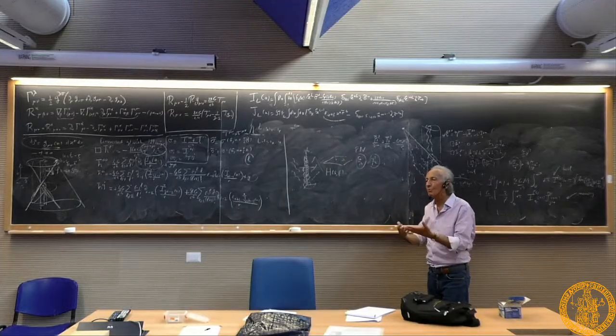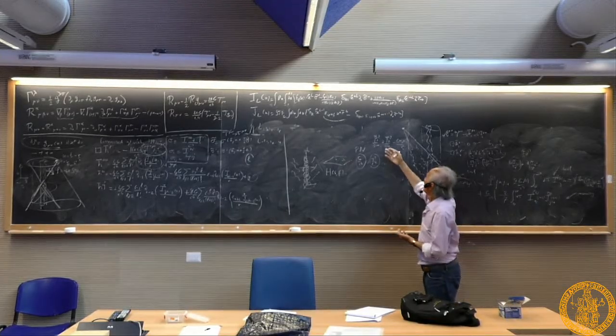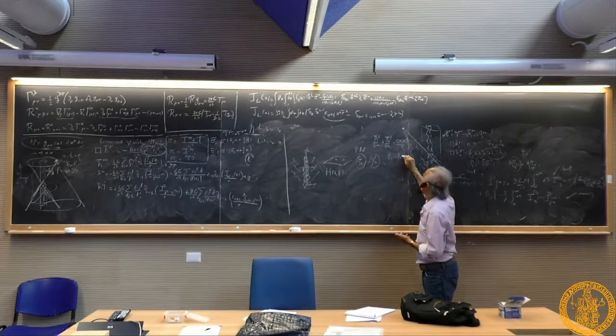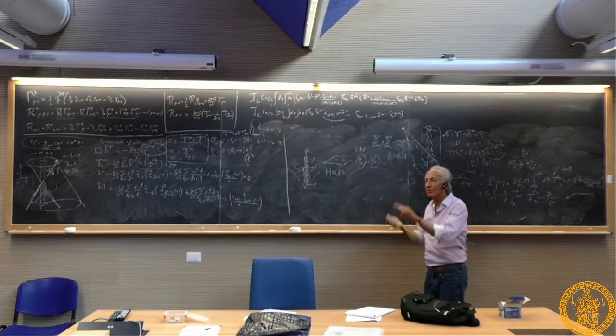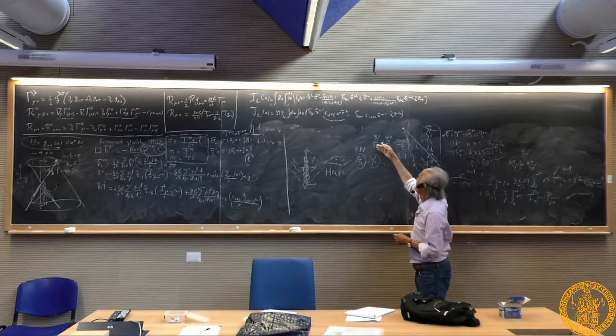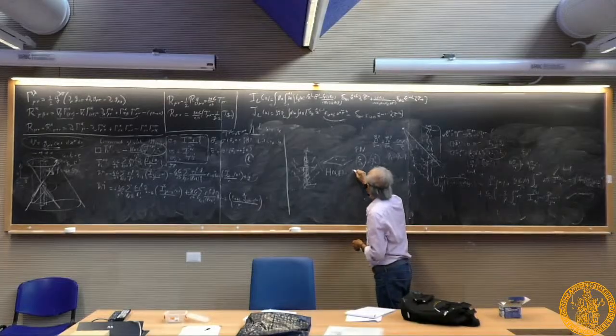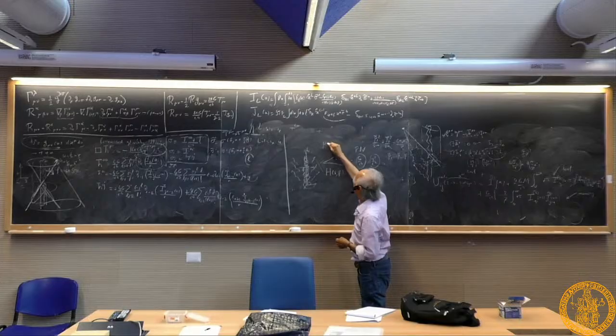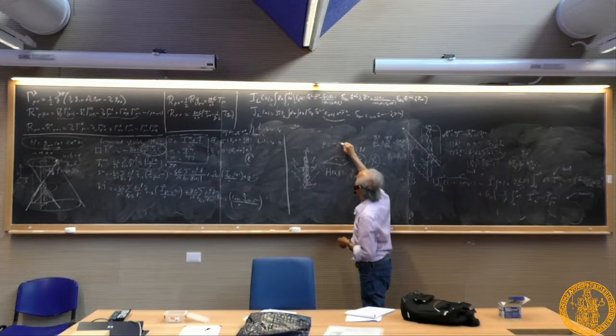Okay. If I go to the center of mass, then I have p1 equal minus p2, and this is actually the p of the relative motion. And therefore, this Hamiltonian becomes p squared over 2 mu, where mu is Newton's effective mass, m1 m2 over m1 plus m2.